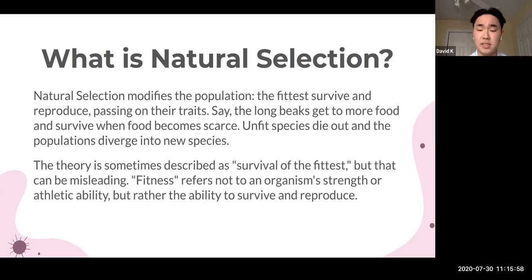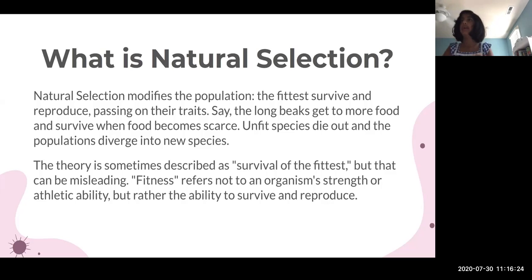The unfit finches, with the thick, short beaks, die out, and the populations diverge into new species. As I said before, survival of the fittest is a term used to describe natural selection, but fitness is not the organism's strength or power, but rather the ability to survive and reproduce in an environment.